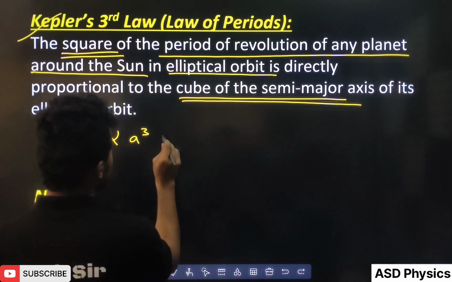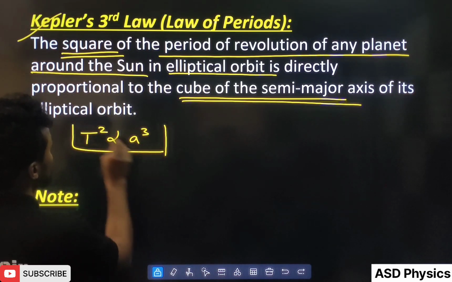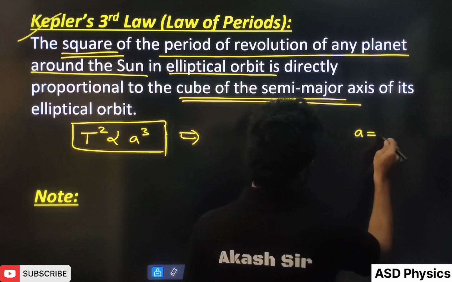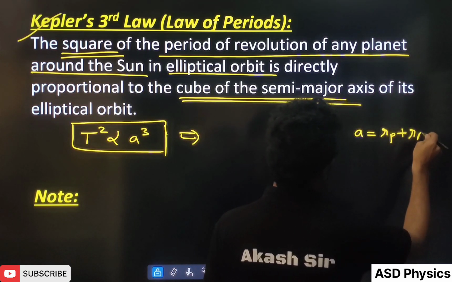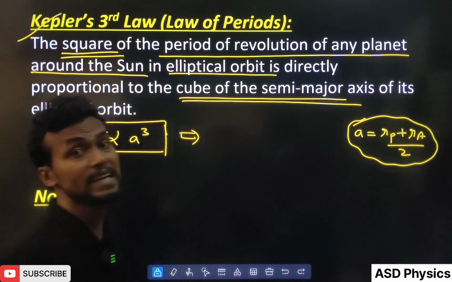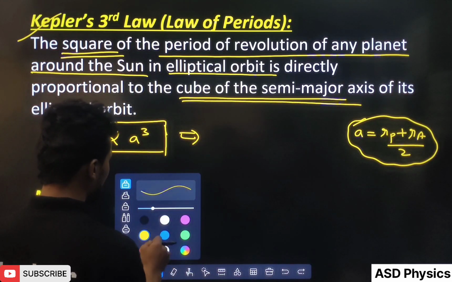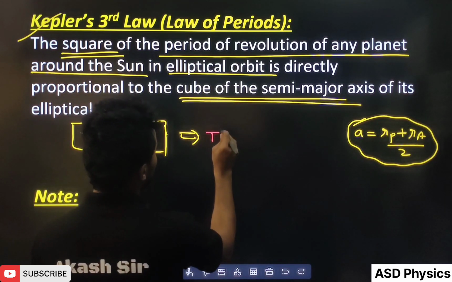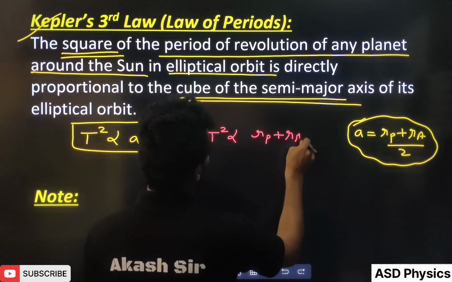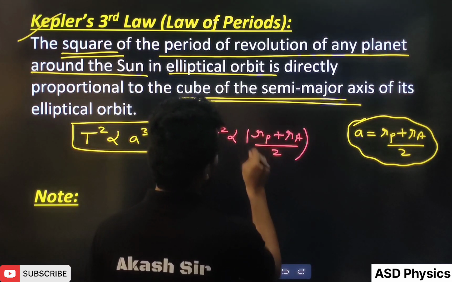Okay. Now, as I have taught you, what was A? A was RP plus RA by 2. In the question they used to ask, what is A? A is the mean radius. So if I put the values here, T square is directly proportional to RP plus RA by 2 whole cube.